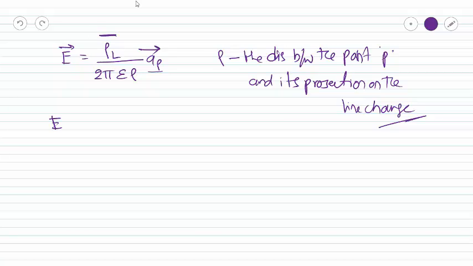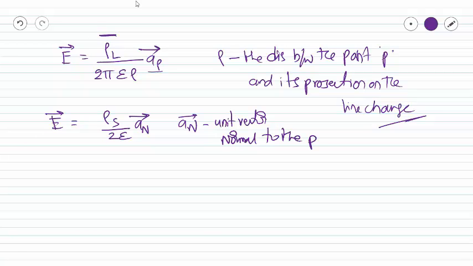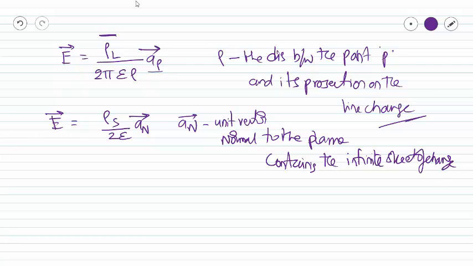And for an infinite sheet of charge the expression is rho s by 2 epsilon a n bar. Here a n bar is the unit vector normal to the plane containing the infinite sheet of charge.